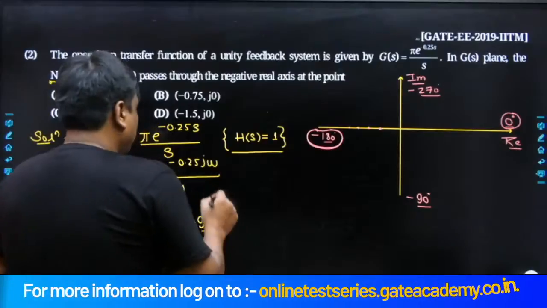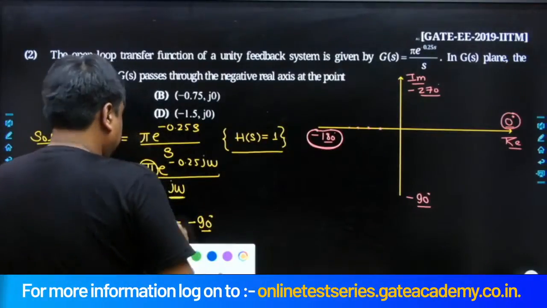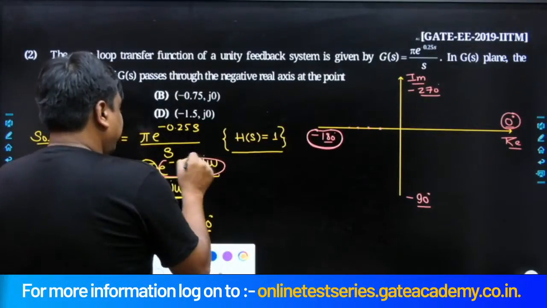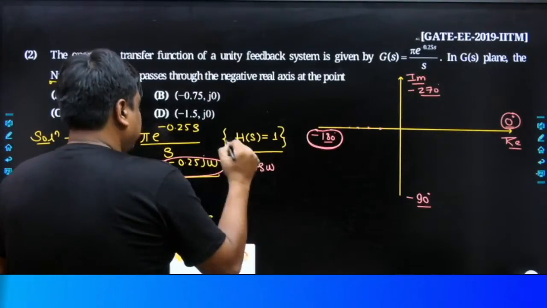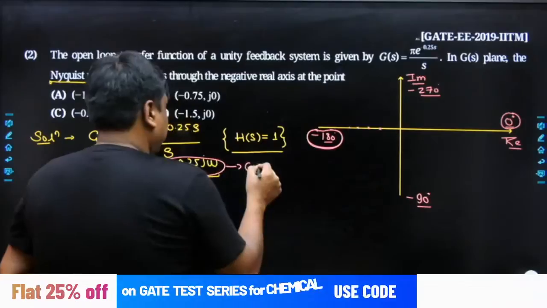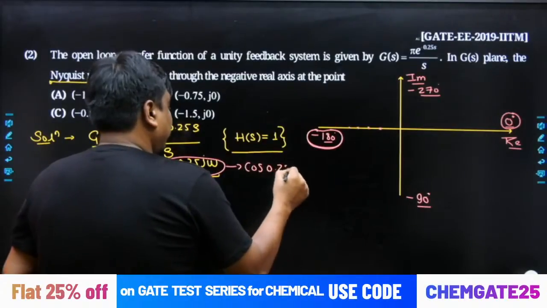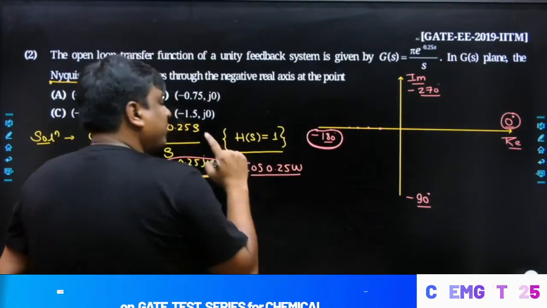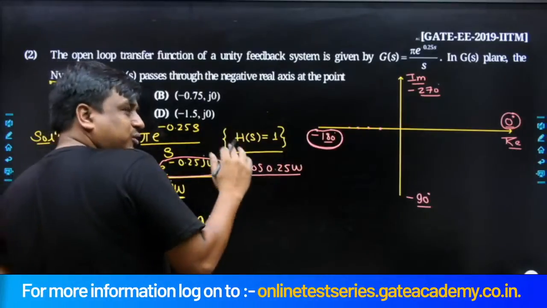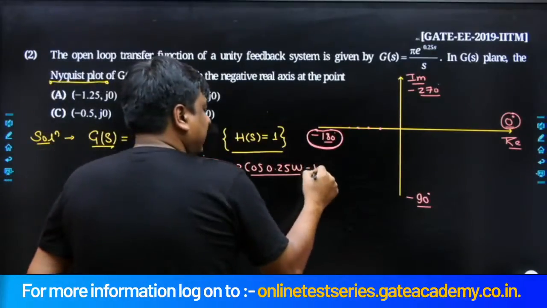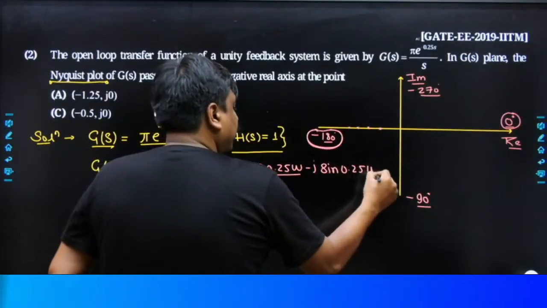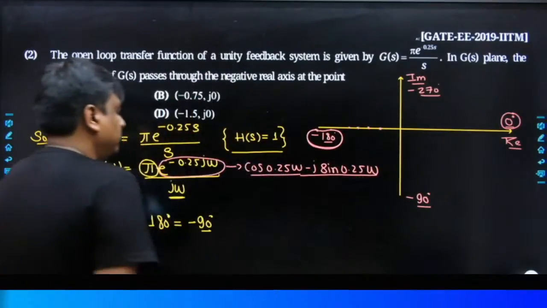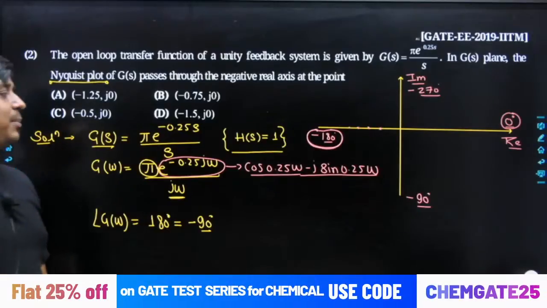This factor can be taken as cos(ω) and along with ω we had 0.25ω, and e^(-jθ) stands for cos θ minus j times sin θ, and here θ is 0.25ω. Could you really understand what exactly we have been talking about?